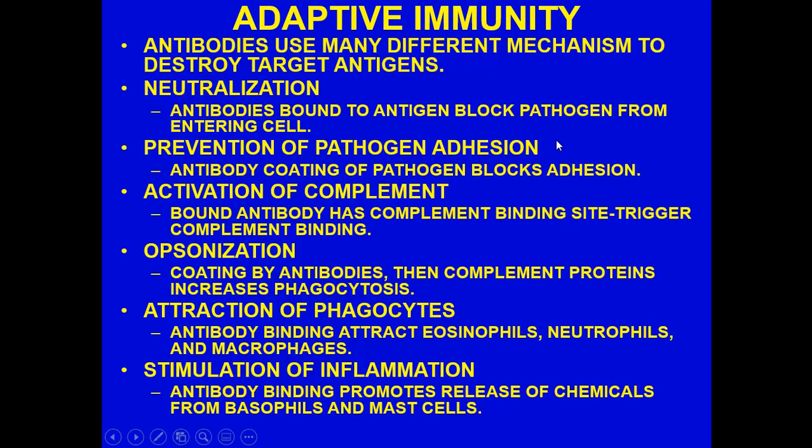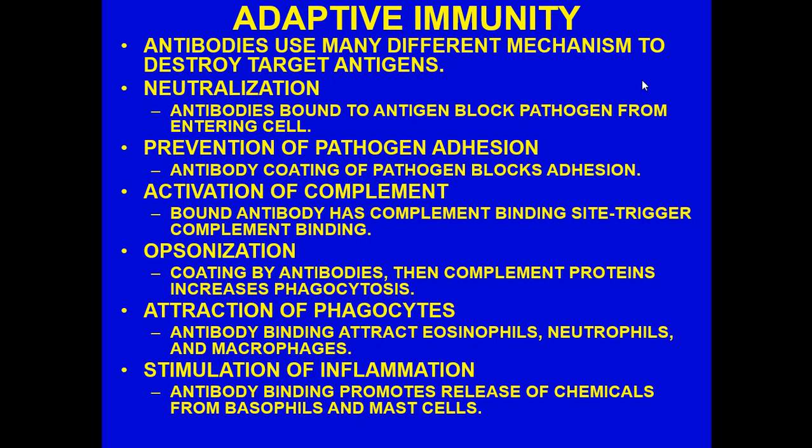Okay, so antibodies use many different mechanisms to destroy target antigens. Neutralization is one. This is where the antibodies bind to the antigen, and they block the pathogen from entering the cell, such as blocking viral entry. Prevention of pathogen adhesion. The antibody coating of the pathogen blocks adhesion to tissues, organs, things like that.